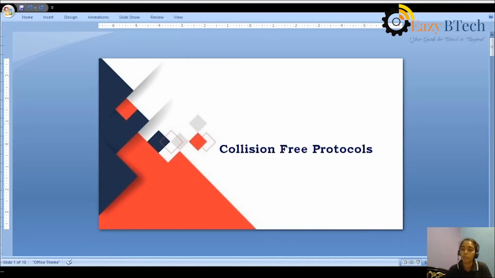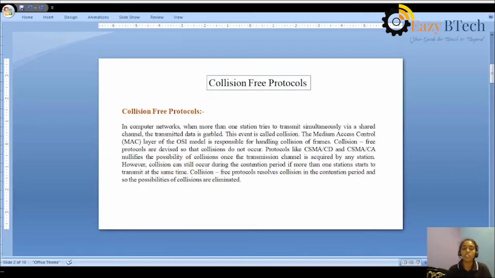What are the different types of protocols to free a collision while transmitting data from source to destination using a single or shared channel? See, in a computer network, when more than one station tries to transmit different data frames from source to destination, a collision will occur because more stations are using one shared channel.